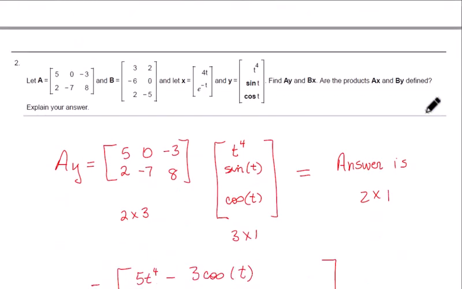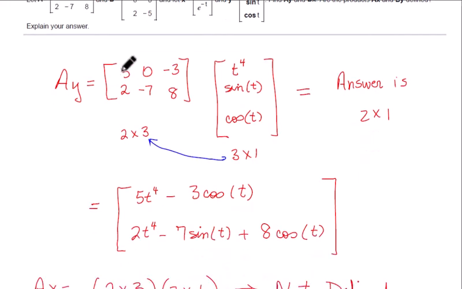All right, in question 2 here, we're given an A, a B, an X, and a Y. So they want me to find AY. So is it possible? Well, A has 2 rows, 3 columns, so 2 by 3. Y has 1, 2, 3 rows, 1 column. So yes, these numbers match. And so the answer will be 2 by 1.